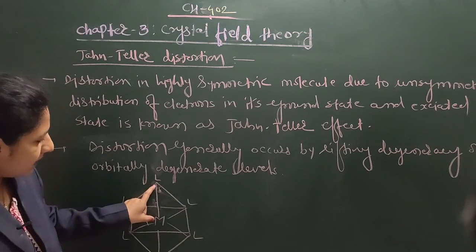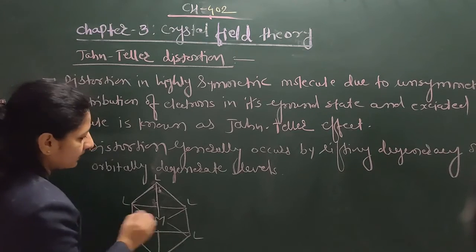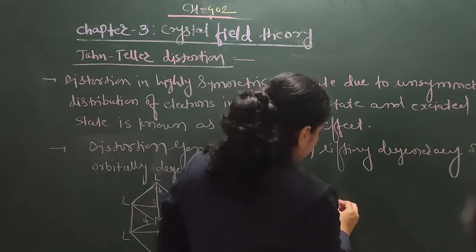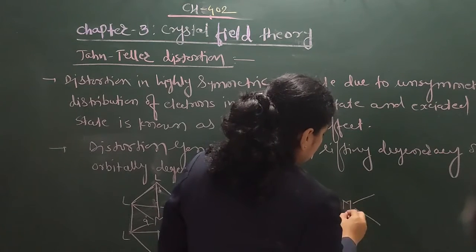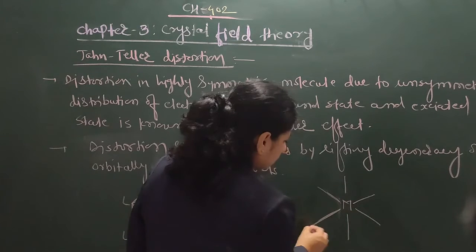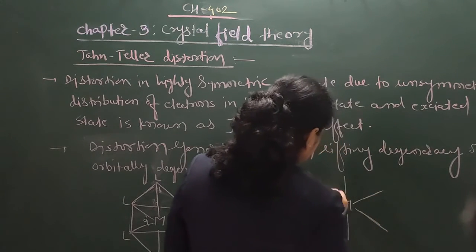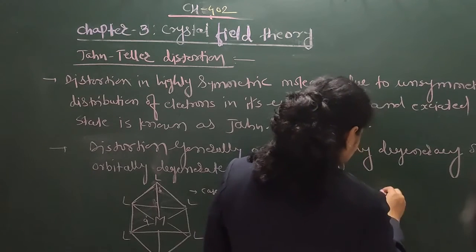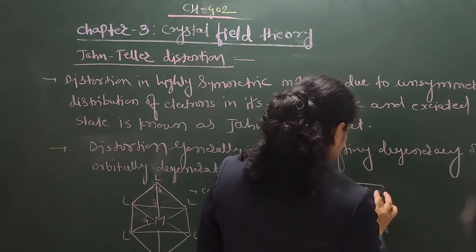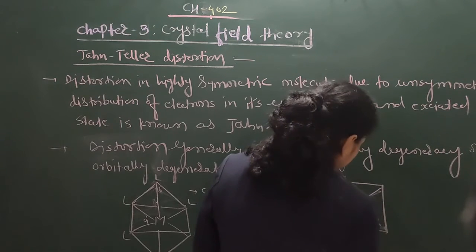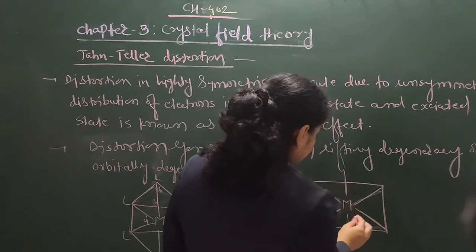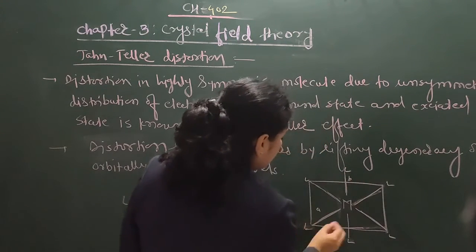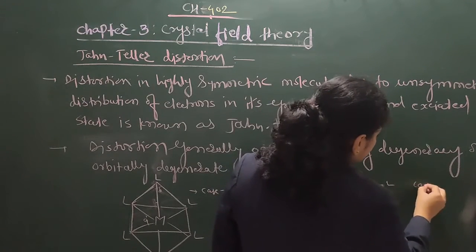If you observe, the B length is greater than the A length. So that is the first case, B is greater than A, and in the second case, A is greater than B. So this is the case first.